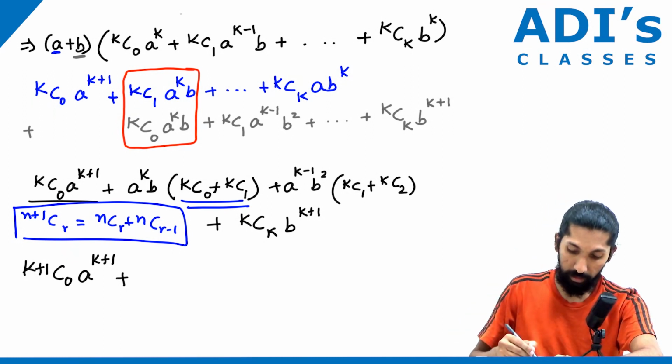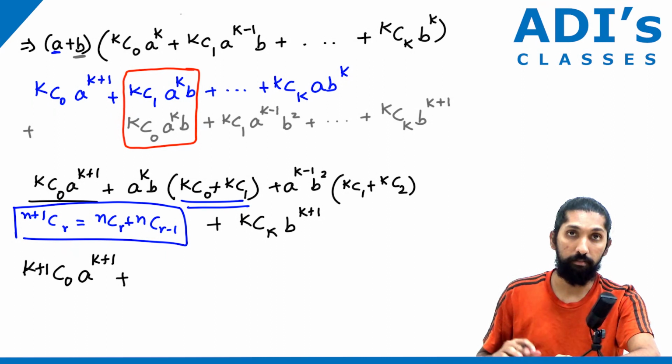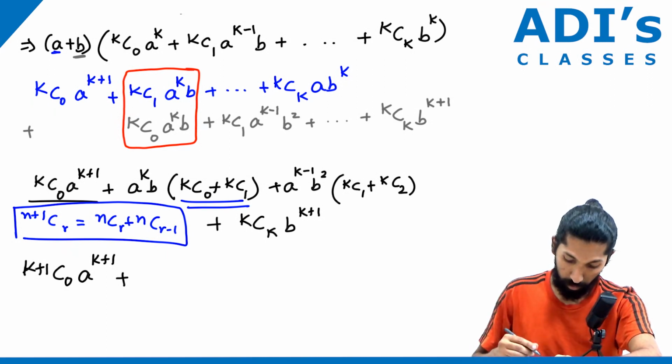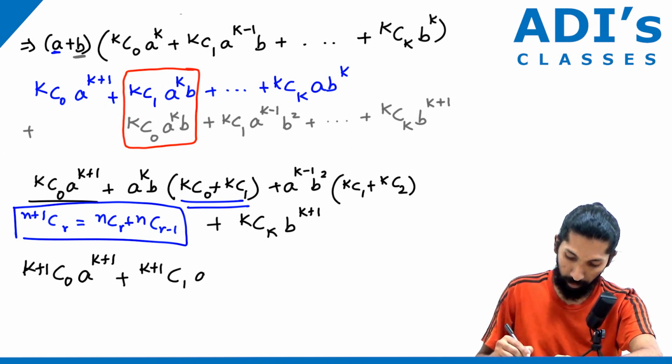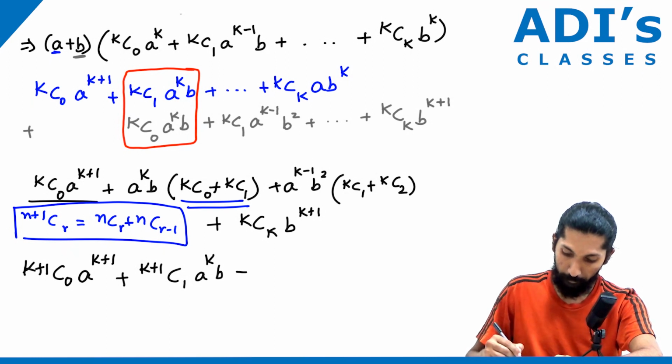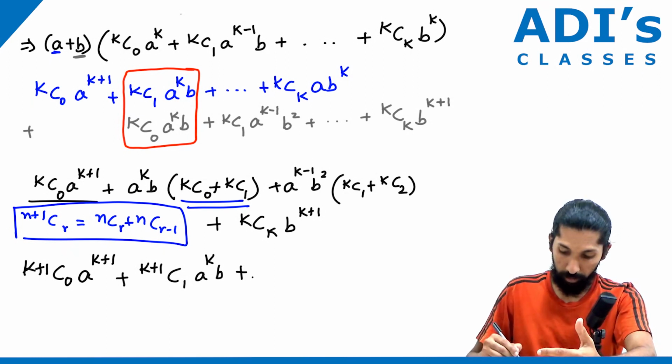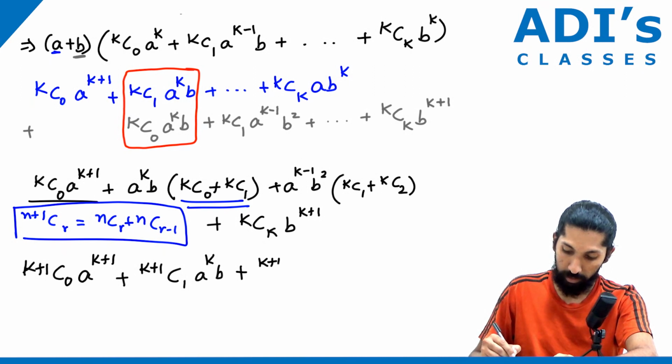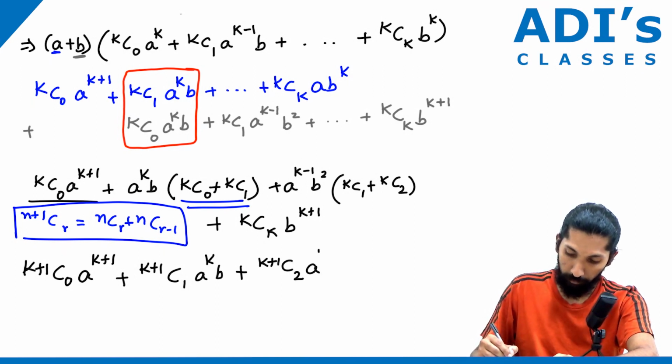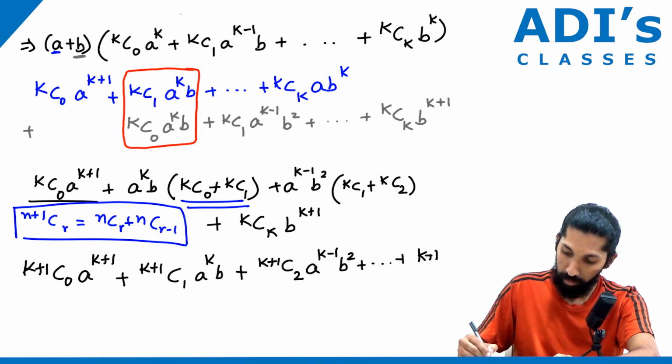That means kC0 plus kC1, this particular value, is going to become (k plus 1)C1 into a to the power of k into b. So every time when you do this, you're going to get (k plus 1)C2 a to the power of k minus 1 into b square, and so on and so forth till (k plus 1)C(k plus 1) b to the power of k plus 1.